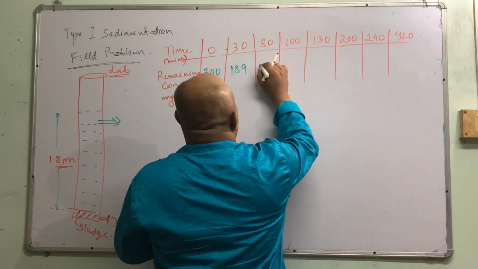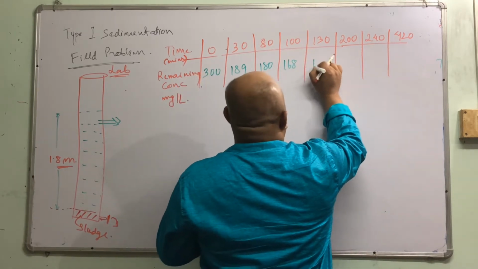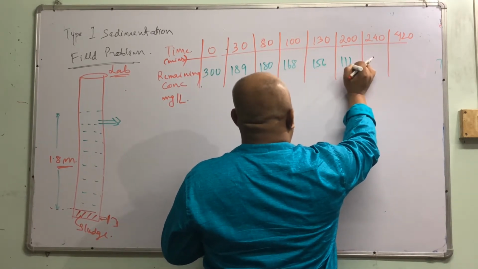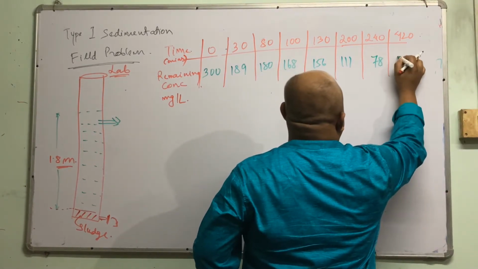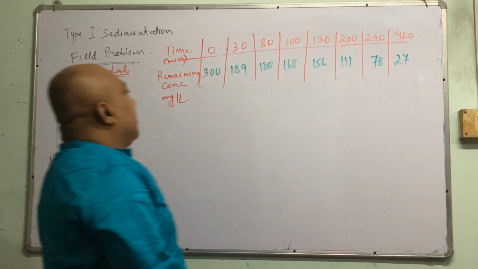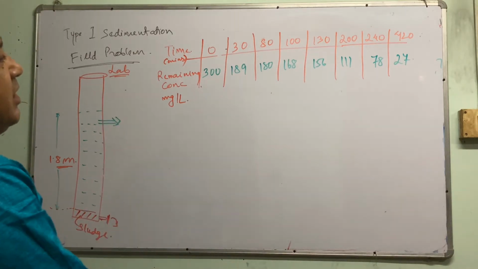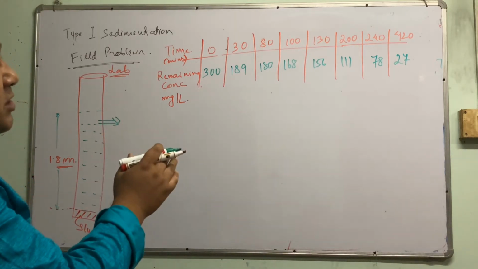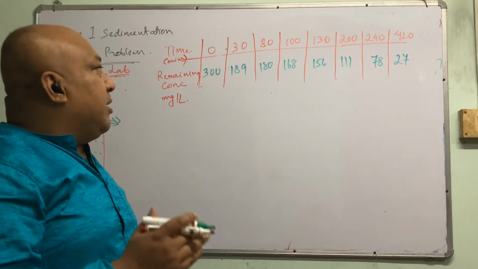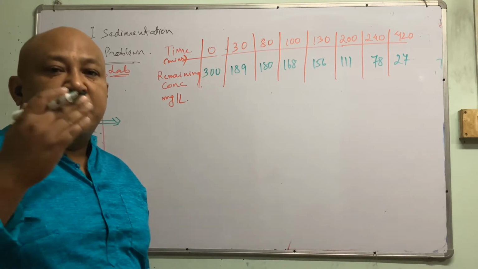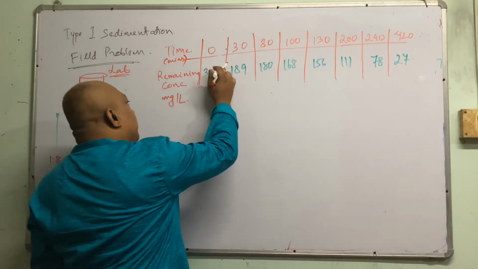So it is 180, 168, 156, 111, 78, and then 27. So with time the concentration changes, and after 420 minutes, that is, after 7 hours, we find that the concentration left is only 27. That is, 273 milligram per liter has already settled down. So this is the experiment you have done in the lab.